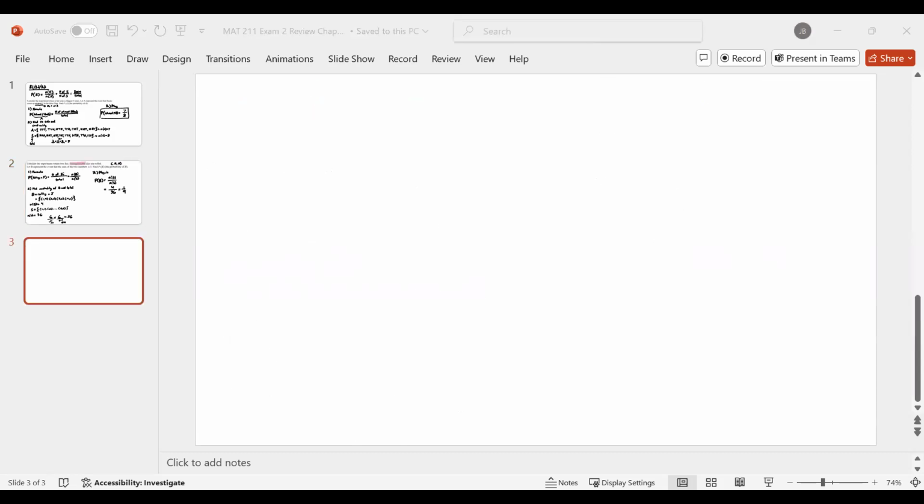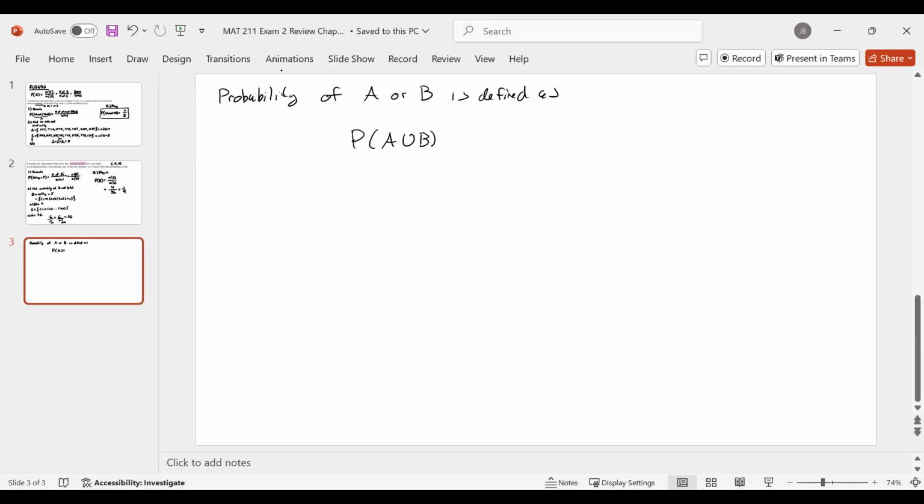So the probability of A or B is defined as the probability of A plus the probability of B minus the probability of A and B. So it's basically using the cardinality rule that we learned previously, but expanding it to the probability. And the reason this formula works is because if you take the cardinality and then divide everything by the total, it just becomes a probability, right?